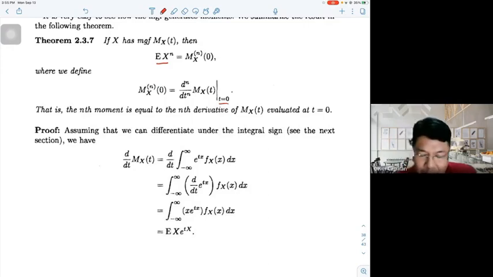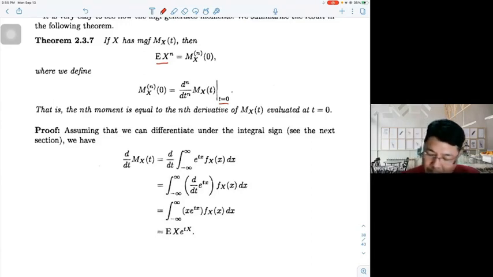So for the proof of this theorem, we simply assume, without loss of generality, that our X here is continuous. And then after that, we also assume that we can differentiate under the integral sign. So we have this derivative. Say we're going to take the derivative of the moment generating function of X with respect to t.